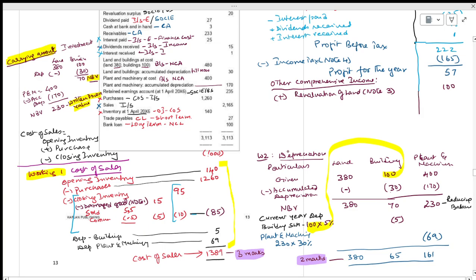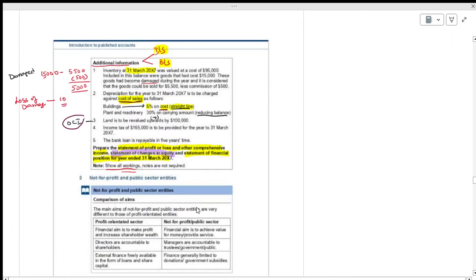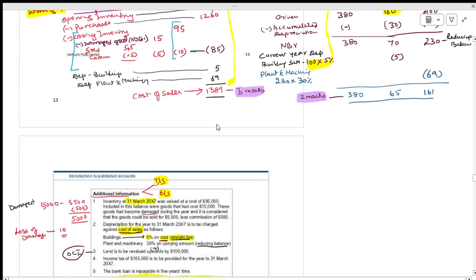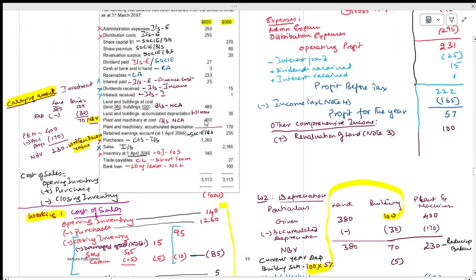We have covered point number 1, 2, 3, 4, and the bank loan also; we have paid interest. Now all points are covered. Once we have covered all the points, do the total. How much will you get? 57 plus 100 comes to 157.